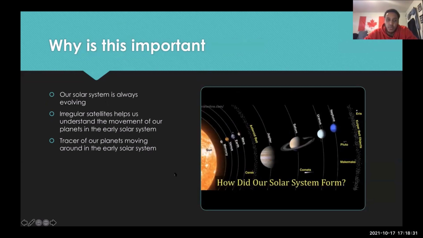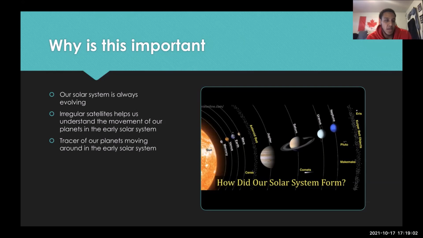So why is this important? Our solar system is always evolving, and we always want to know what's in it. The main focus is we believe that these planets were moving around in the early solar system, and with all these small bodies and asteroids floating around and being captured by these planets, we can be a tracer of how the movement of our solar system was billions of years ago.